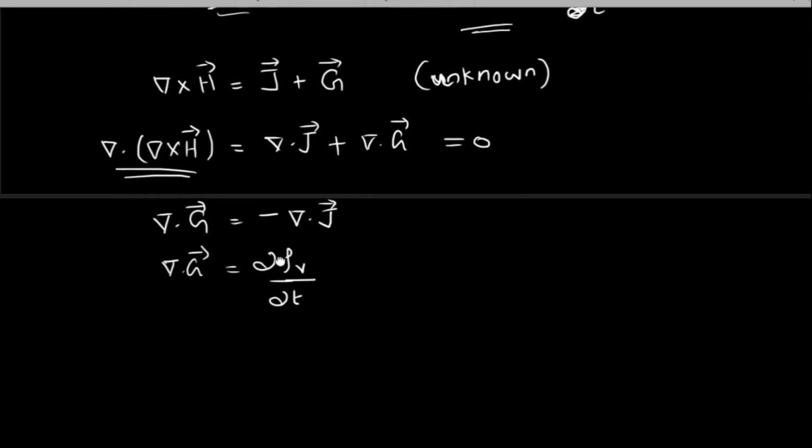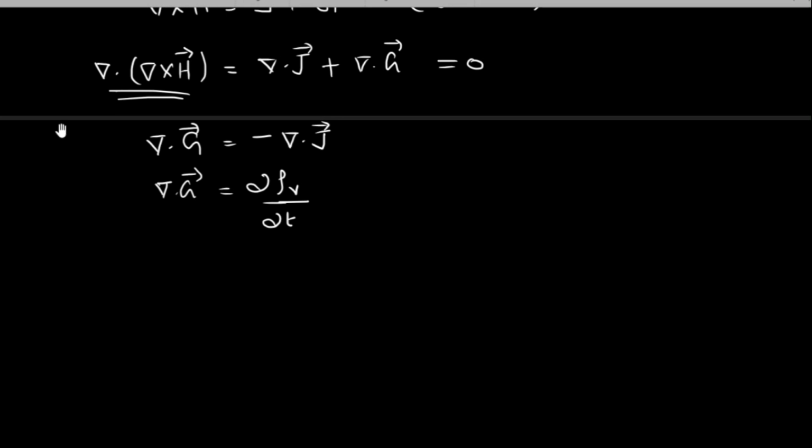So just see how I am proceeding from here. We already have, from one of Maxwell's equations, that del dot D is equal to rho v. This is the Maxwell's equation we derived from Gauss's law in the electric field. I think for your reference we put that as equation number 2 in the previous video.